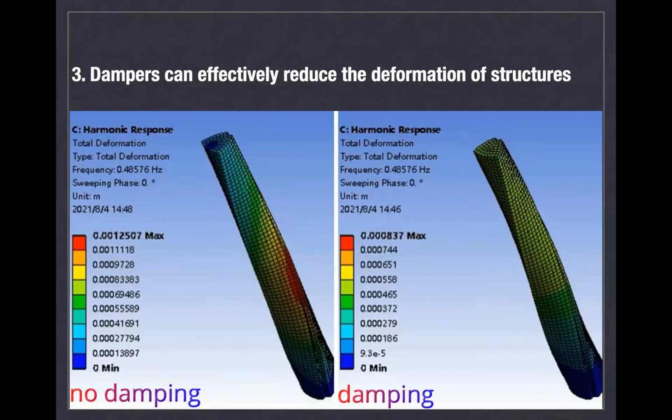Although it seems like the value has not decreased that much, it has decreased by about 30%. It's a large proportion, right? So it can be seen that the damper is very useful to reduce the deformation of the building construction.